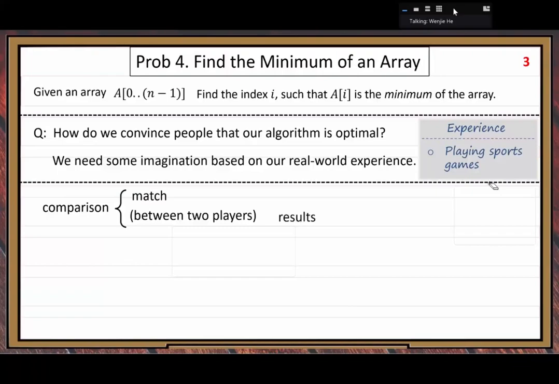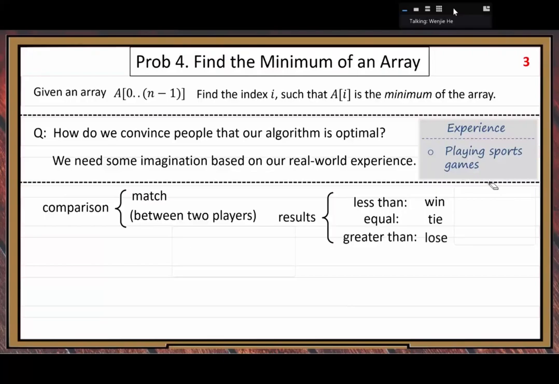The results could be less than, which is a win, equal is a tie, greater than is a loss. But why do we put less than as a win and greater than as a loss?